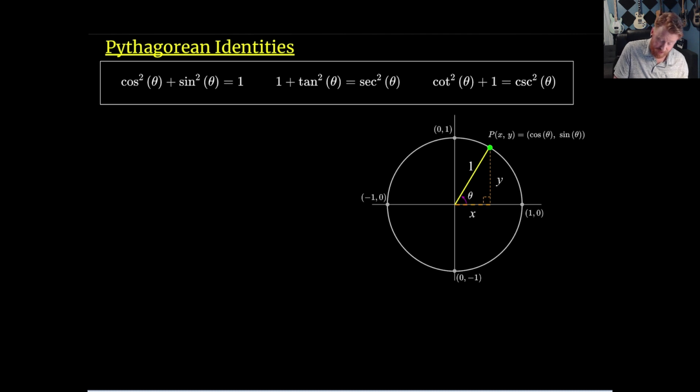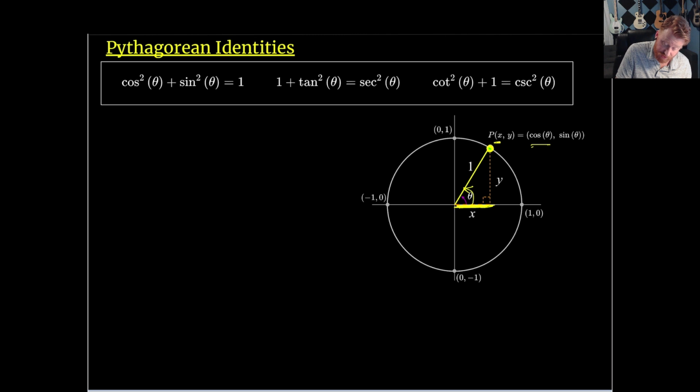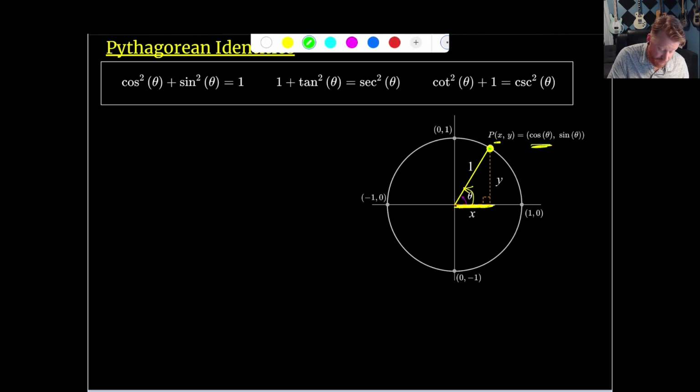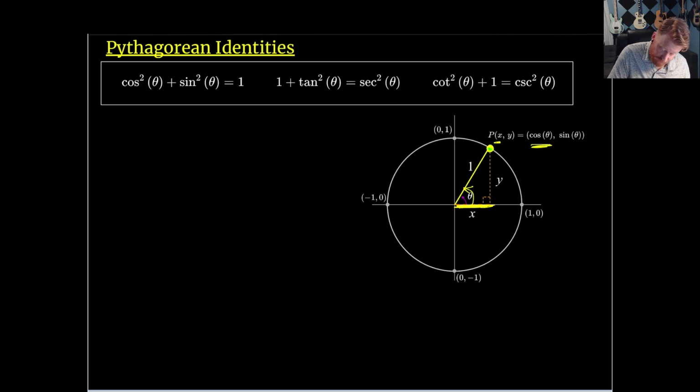If we rotate our angle theta around the unit circle, whatever the x value of this point is, so this distance here, you can think about it being this distance of this right triangle, that is our cosine of theta. X is the cosine of theta. And then the y value of this point here, which corresponds to this vertical distance, gives us the sine of theta. So that is just how that is defined.